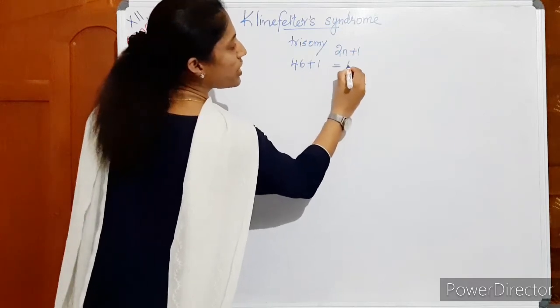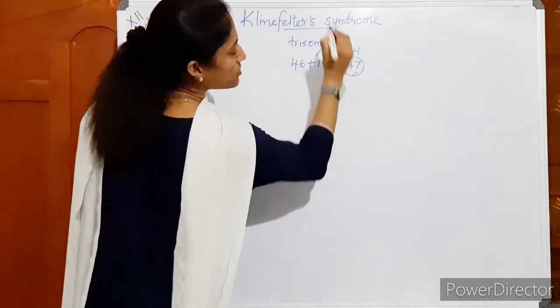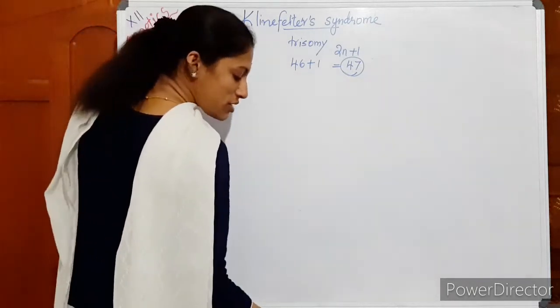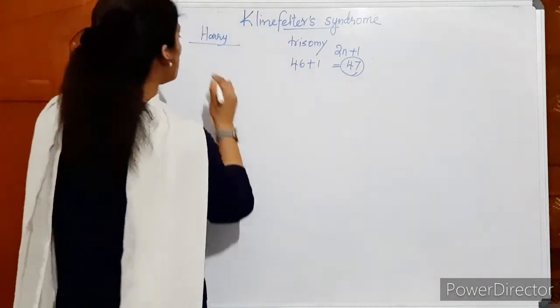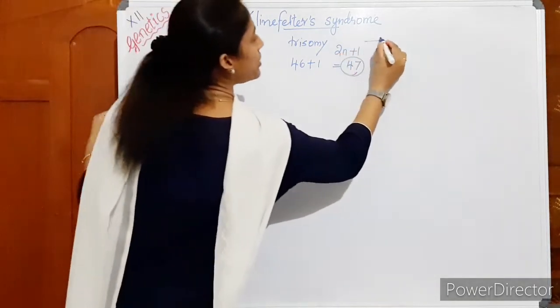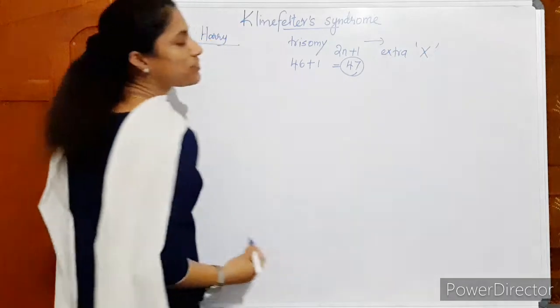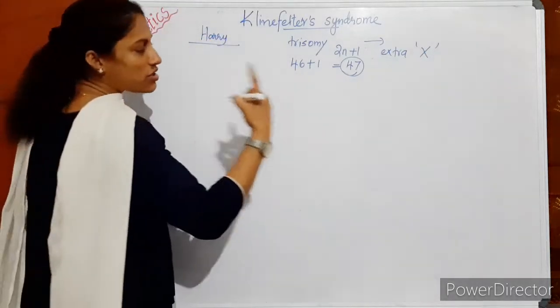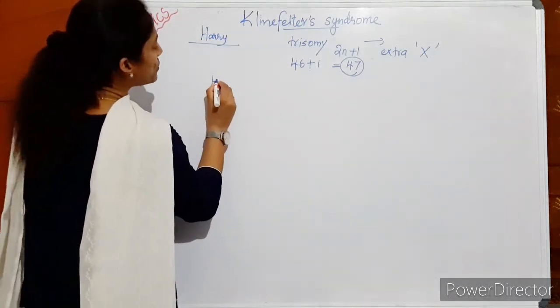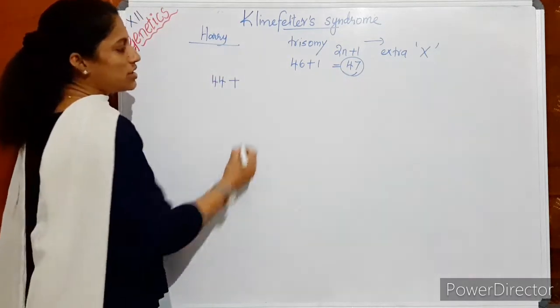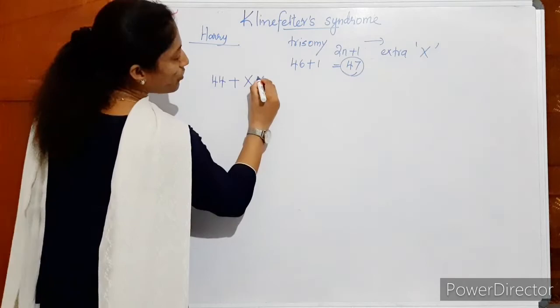So the individuals will be having 47 chromosomes. And here the case is presence of 1 X chromosome extra. Trisomy means here is an extra X chromosome. Okay? 1 sex chromosome is extra. So the patients will be having 44 autosomes plus XXY chromosome.